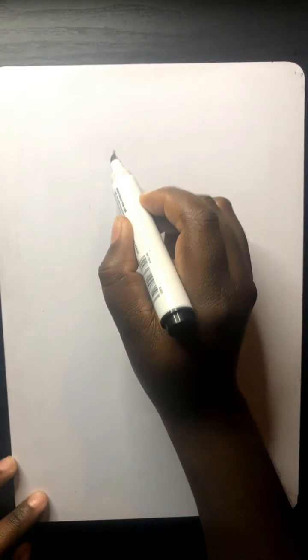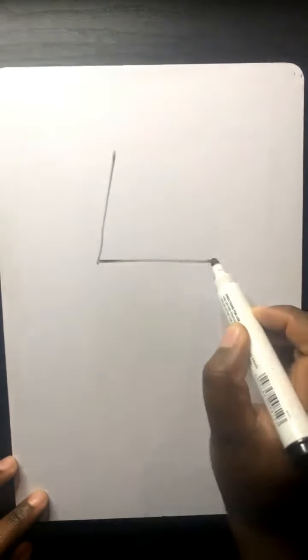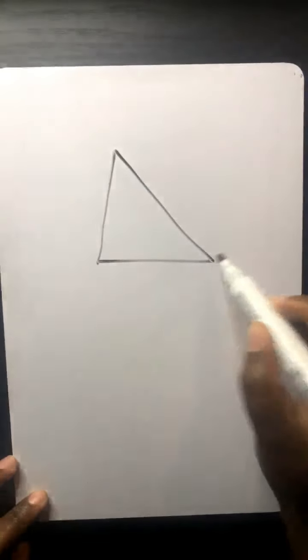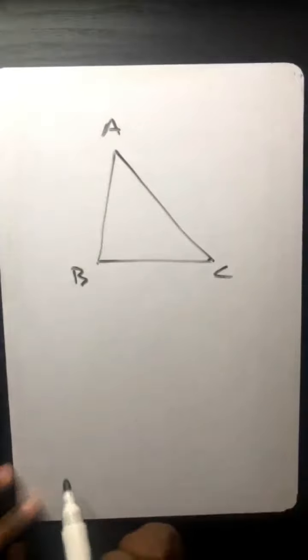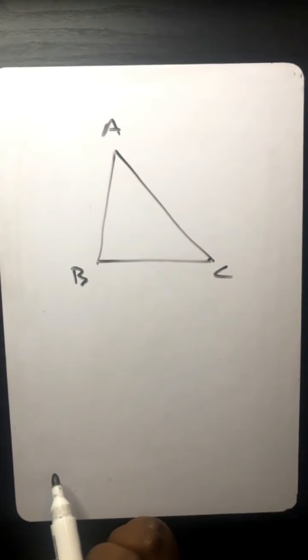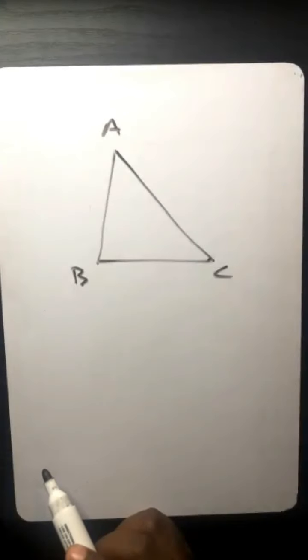But before I even do that, if I draw something similar to this, LB, and say I've got A, B, and C. Here comes a question. Which side is adjacent?